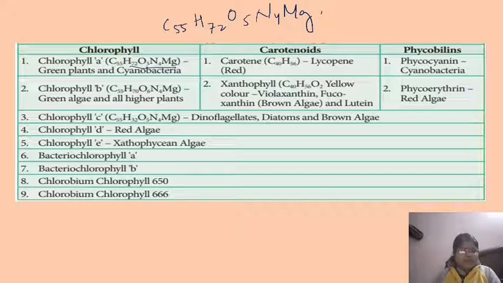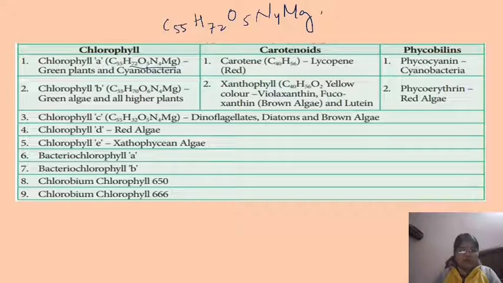Now if you look at chlorophyll B, there is just a change in the methyl group, so hydrogen will be reduced. In chlorophyll A, H will be more, and in chlorophyll B, H will be less.